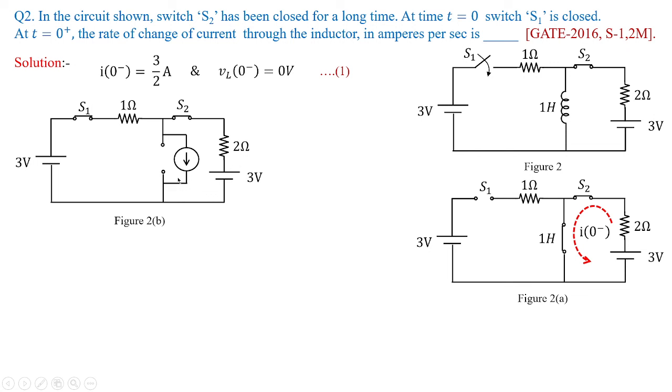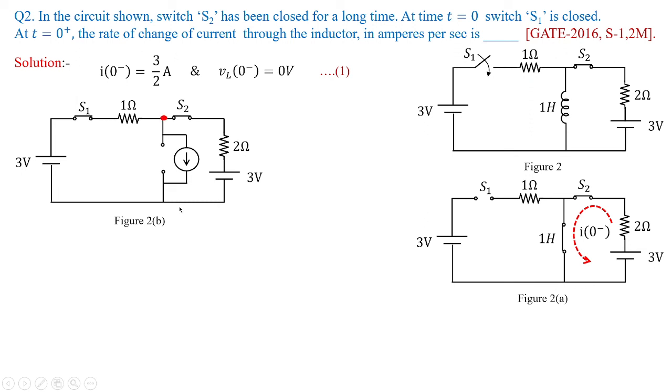Now, looking into the circuit, we practically have a current source shared by 2 loops, and the value of the current is 3 by 2. I have one node and 3 branches. This is one branch, this is another branch, and this is the third branch.